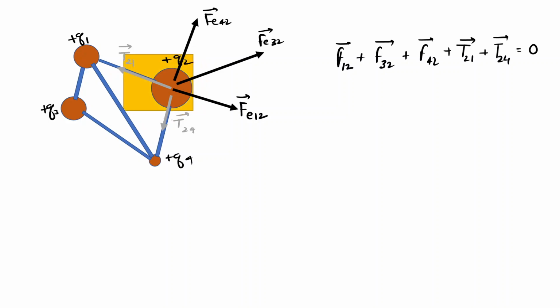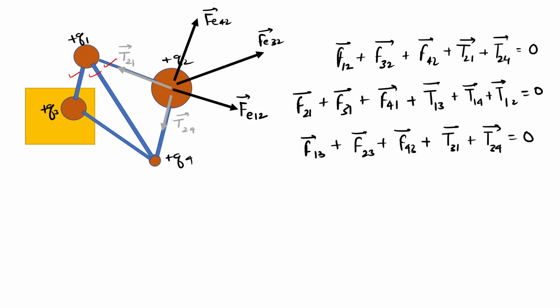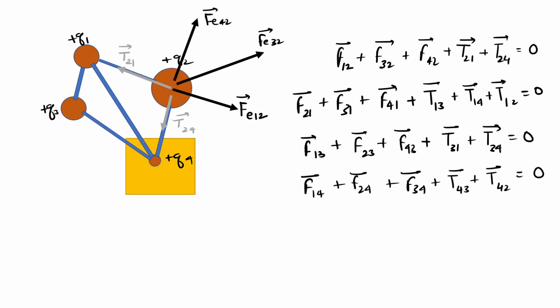Anyways, let me show you something very interesting here also. So let's write all the equations here. For particle 1, we can write 3 electrostatic forces and 3 tensions, because there are 3 rods coming together. You can pause the video and analyze these equations. And for Q3, 2 tension forces balancing 3 repulsive forces. And for Q4, you can also write this.